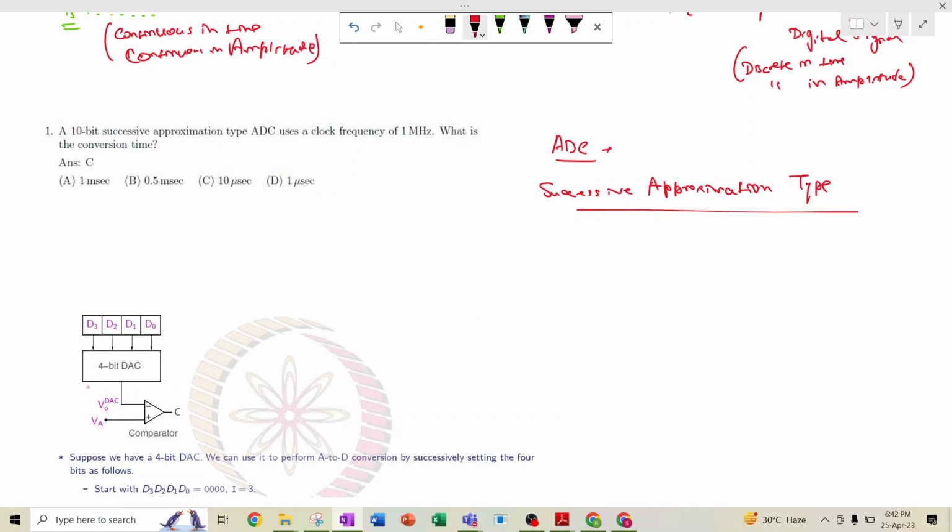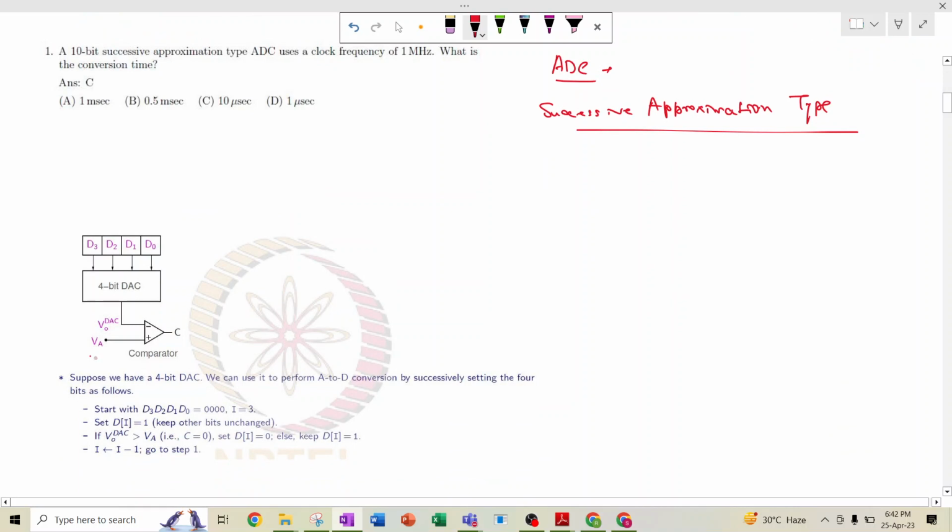Suppose we have some analog signal VA, which you can see in this diagram. In the ADC, this block is the DAC, which we are using as a reference. It is a 4-bit DAC, where D3 is the MSB and D0 is the LSB.